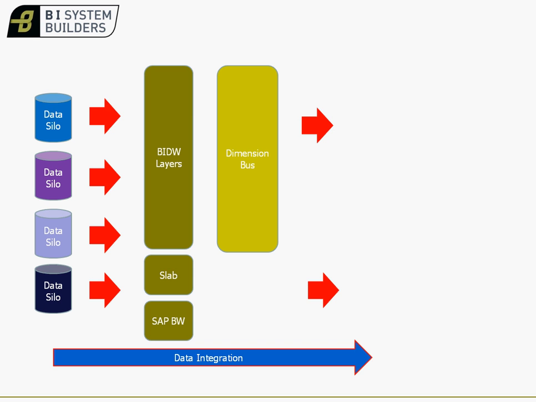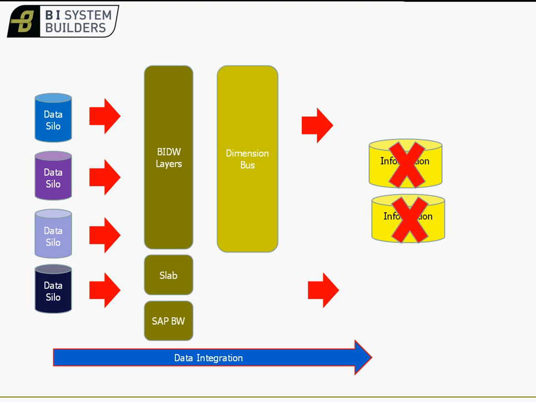But there'll be some attempt to integrate the data, maybe through a dimensional bus matrix as defined by Kimball. You join everything up, and if it can't be the data, you may be trying to use applications through your integration architecture to join the data up. But what we want to try to avoid are information silos. We started with data silos.